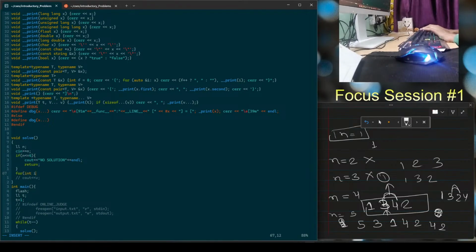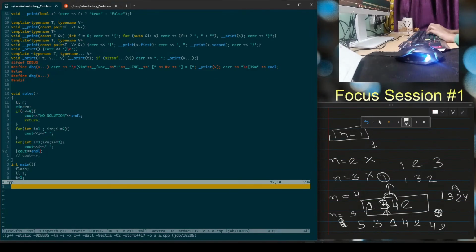Otherwise, for i equal to 1, while i is less than or equal to n, i plus equal to 2, cout i and a space. And for i equal to 2, while i is less than or equal to n, i plus equal to 2, cout i. I hope this should work fine.